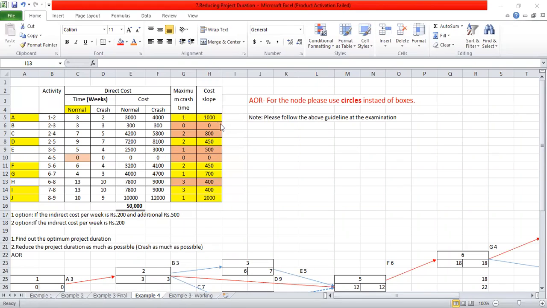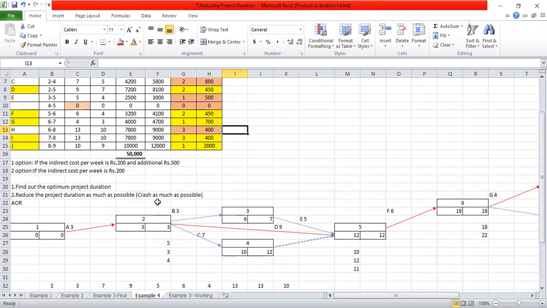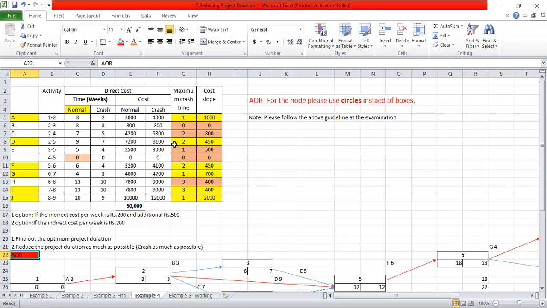Right. So after finding out this maximum crash time and cost slope, you can draw this project network, right? According to this example, they are asking to draw using the activity on arrow approach, right? In the activity on arrow approach, I have told you for the node, please use a circle instead of boxes, right?